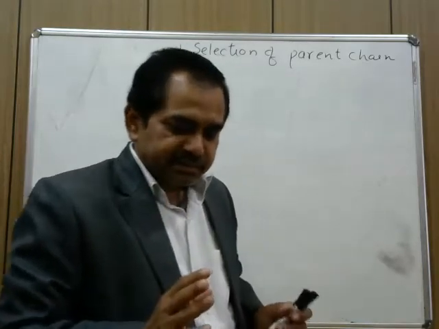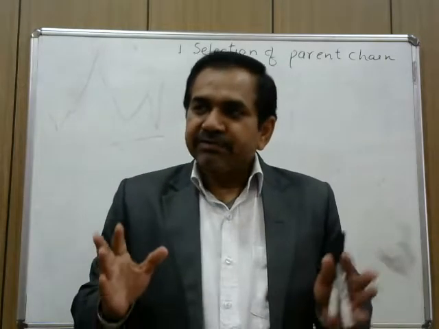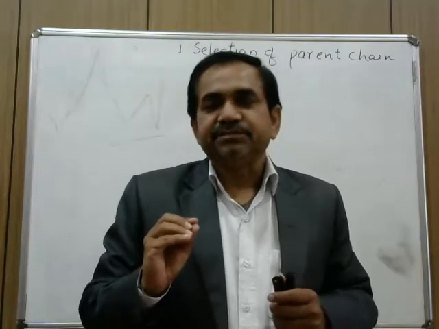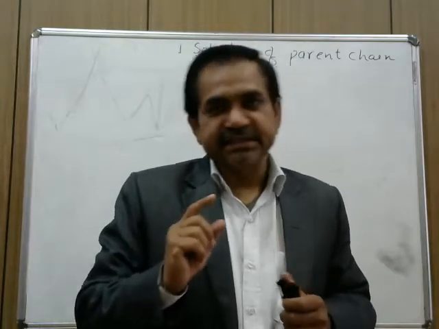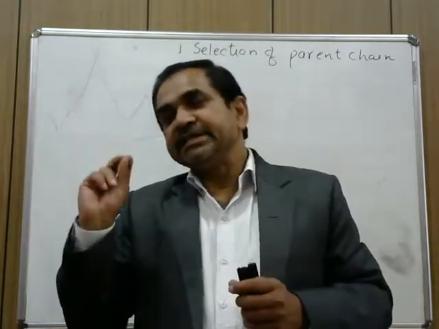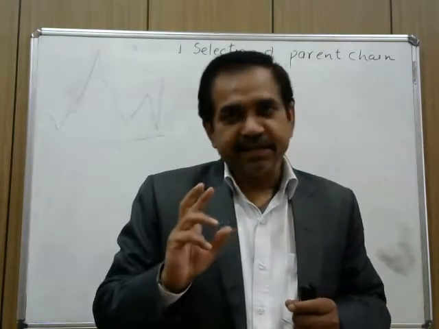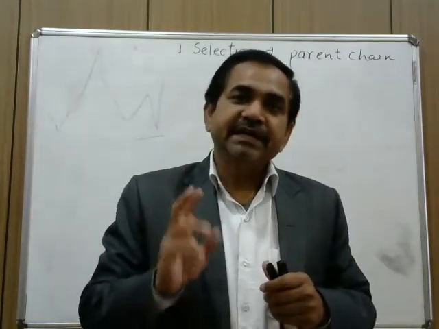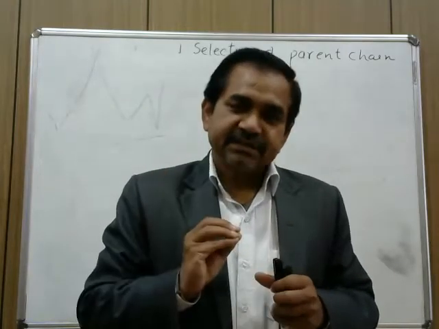Whenever we come across an organic compound for which we need to write the name, then we should first identify its parent chain. Then in second step, we number this parent chain, and in third step we write the name. So what are the rules for identifying parent chain?